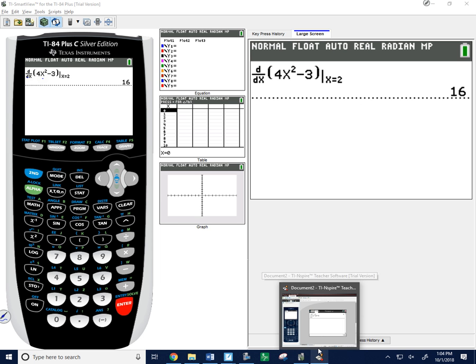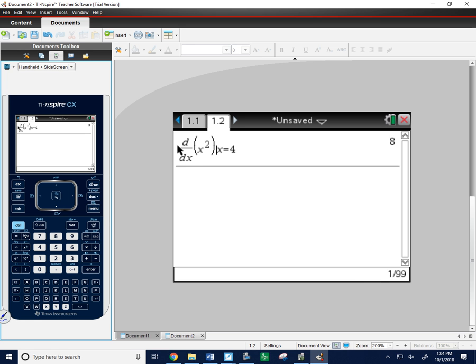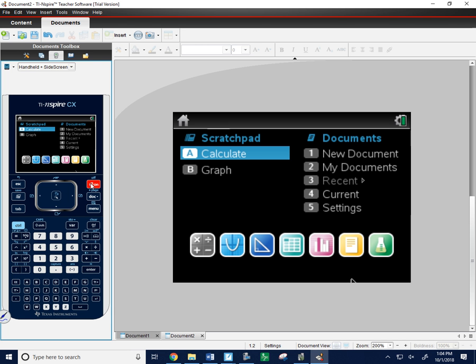Now, Inspire. So if you have the Inspire, you have to go to the calculate screen. So there's graph and there's calculate. If I go home, I'm going to go to calculate.